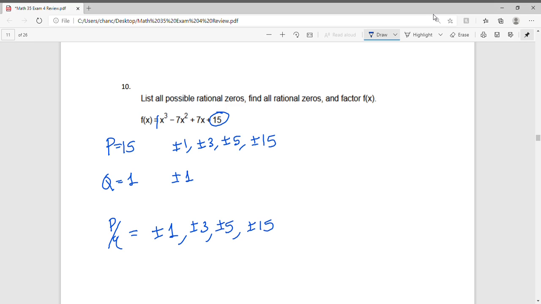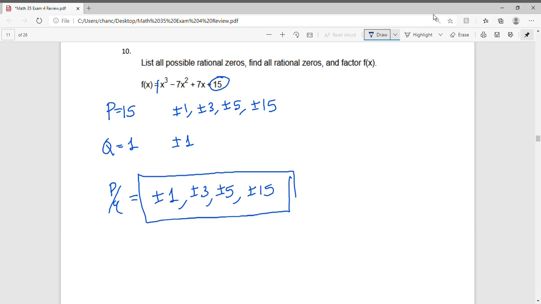I'm taking the plus or minus 1 and dividing it by plus or minus 1. I'm taking the plus or minus 3 and dividing it by plus or minus 1, and so on. So these are all of the possible rational roots of our function. That completes the first part of the problem, looking for all of the possible rational zeros.